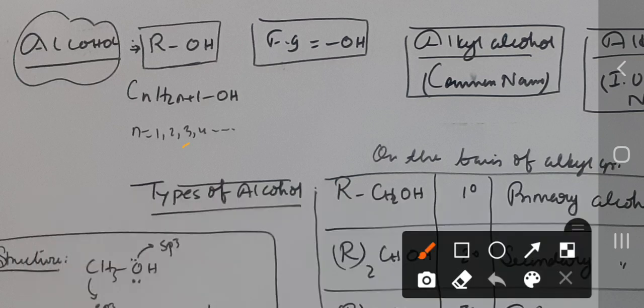The value of n starts from n equal to 1, 2, 3 and so on.